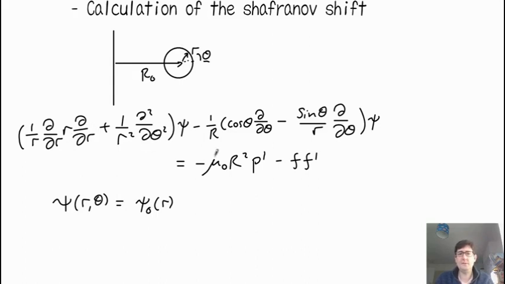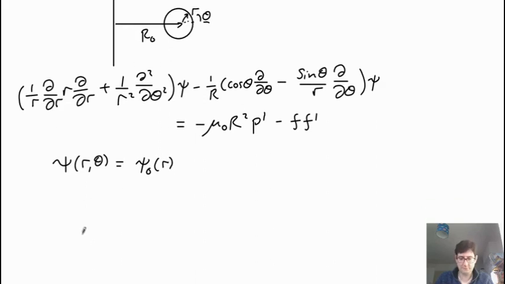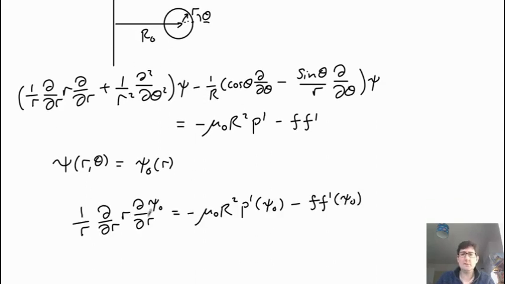You get a coupling term here with a cos theta, which of course you drop because you're assuming this goes to 0, and then you end up with an equation just for psi naught. Here p prime is the derivative of pressure with respect to psi naught, for example.